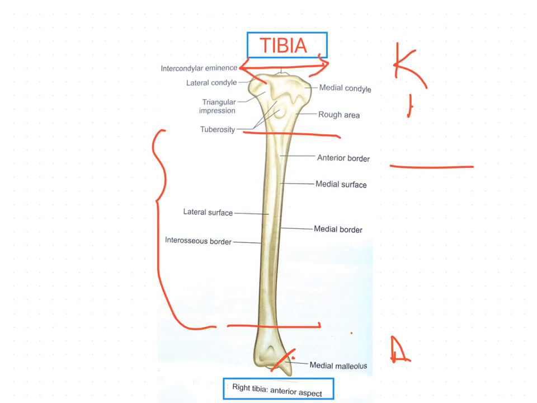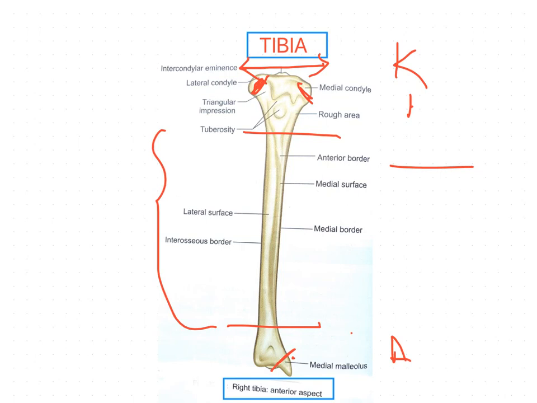It forms two large condyles which overhang the posterior surface of the shaft. So here you can find the condyles on the medial side and the lateral side. That is, it has two large condyles which overhang the posterior surface of the shaft.